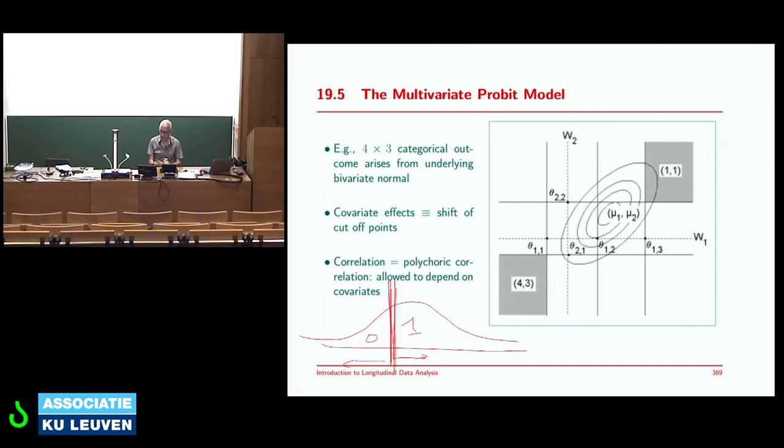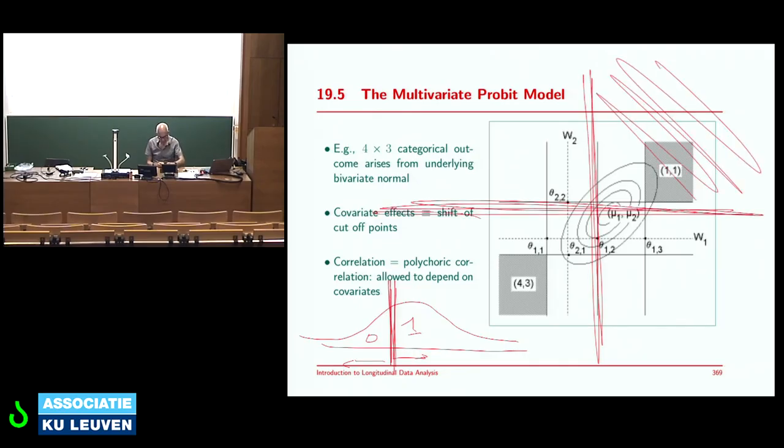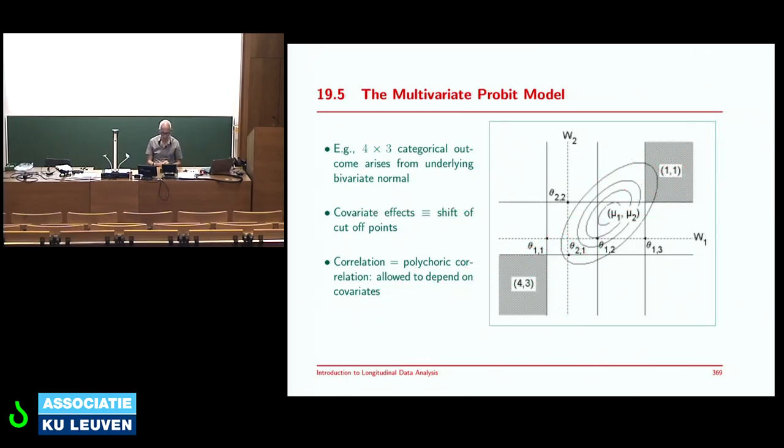Now we said earlier, if you have a univariate normal, you can easily generalize it to a multivariate normal and do the same thing. So think of this space now as being bivariate and filled with a bivariate normal distribution. You dichotomize. And for example, if I dichotomize, everything here is a double success. Everything here is a double failure, etc. Or I can do what I actually do on the graph and apply that for a 4 by 3 outcome.